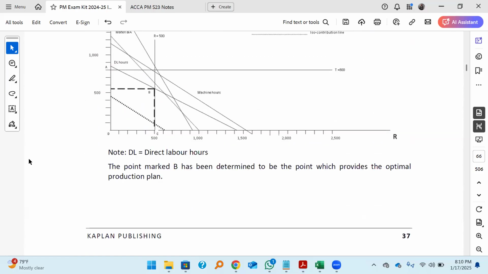If this point B, this one right here, is the optimum point, they are asking which one will have the shadow price.